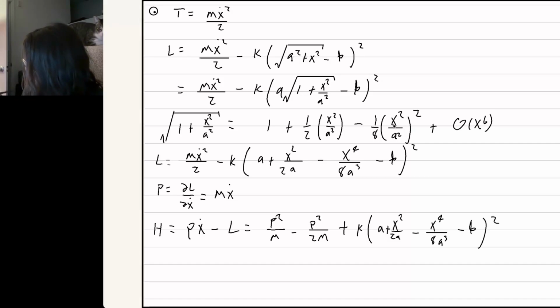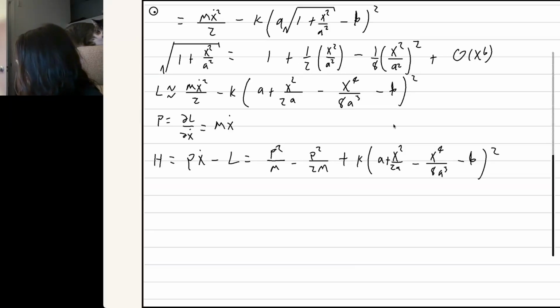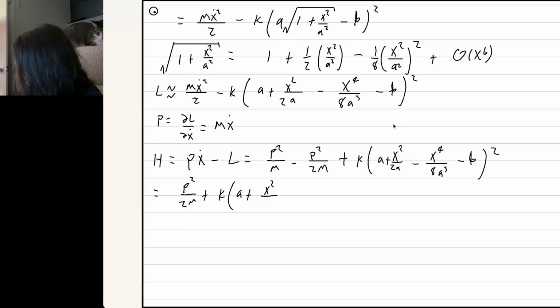This is an approximation, pretty close approximation though. Okay, p squared over 2m plus the approximated potential term.